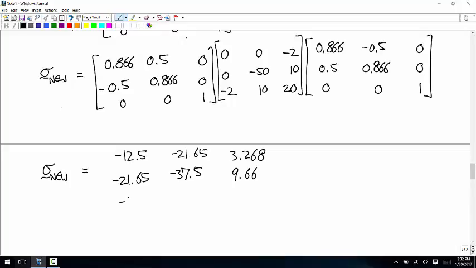Oh, these are symmetric, yeah. Okay, so this is 3.268, 9.66, and then what was the last one? Negative 20. Yes. That's right.